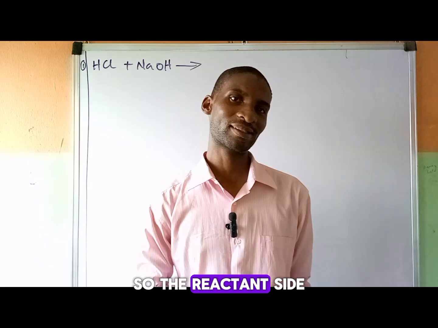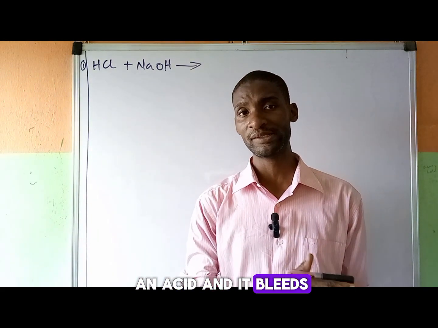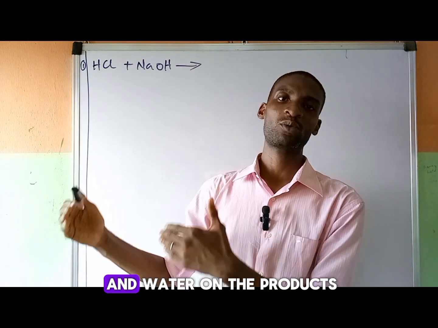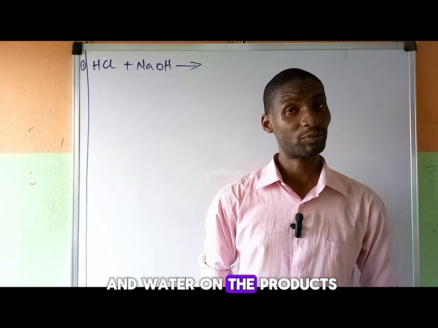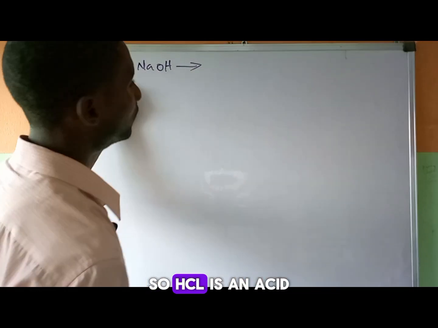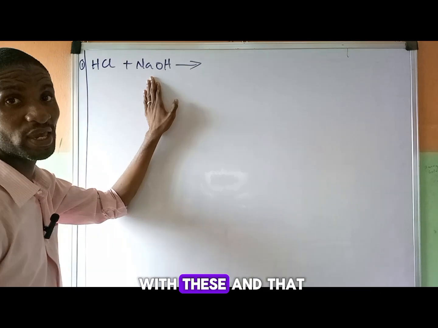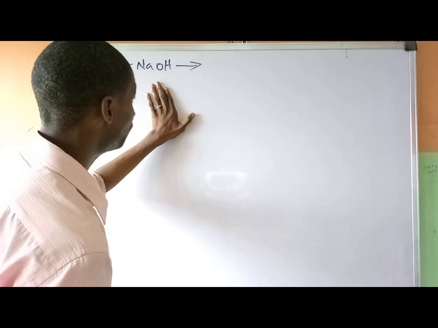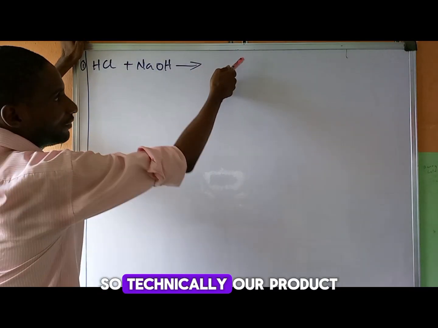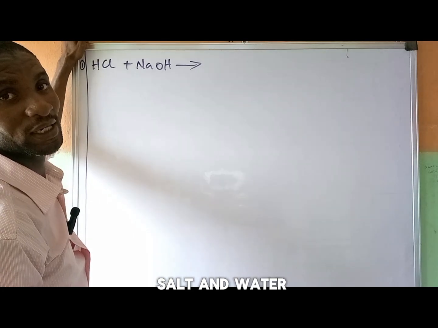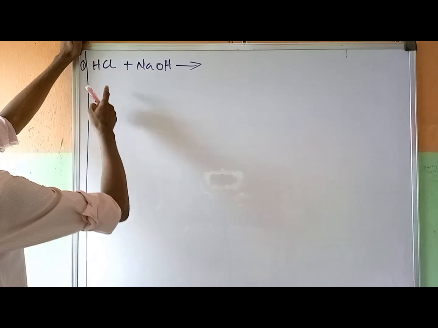On the reactant side, you're going to have an acid and a base, and you have salt and water on the product side. HCl is an acid, hydrochloric acid, sodium hydroxide is a base, so definitely our product is meant to be salt and water.